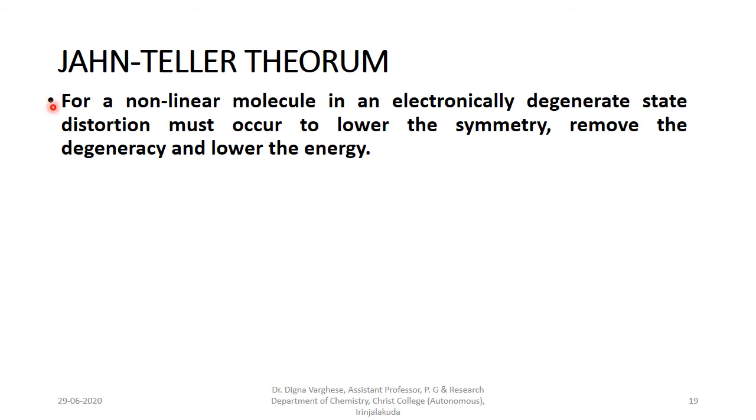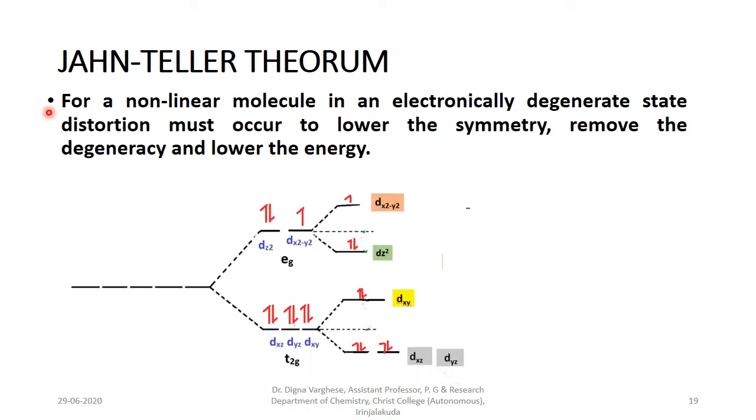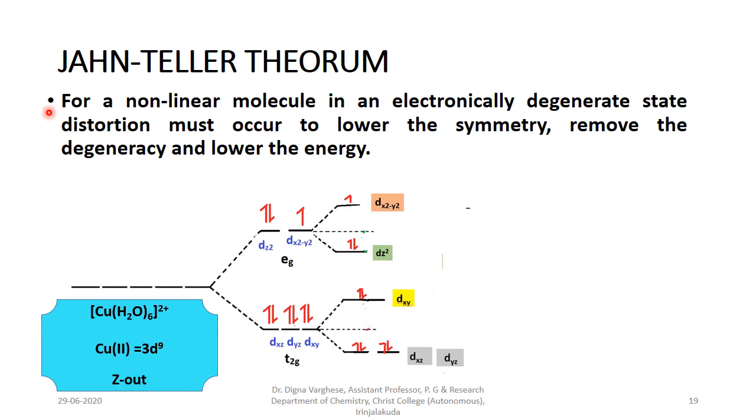Jahn-Teller theorem: for a non-linear molecule in an electronically degenerate state, distortion must occur to lower the symmetry, remove the degeneracy and lower the energy. In the case of z-out, that means elongation.